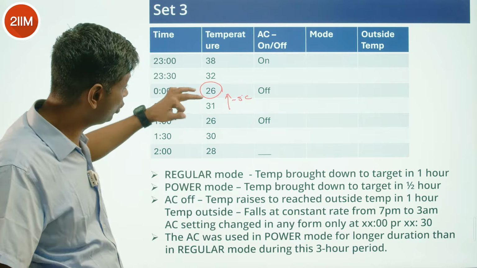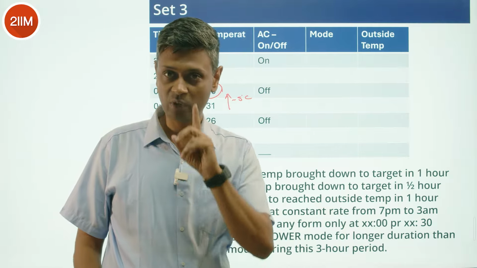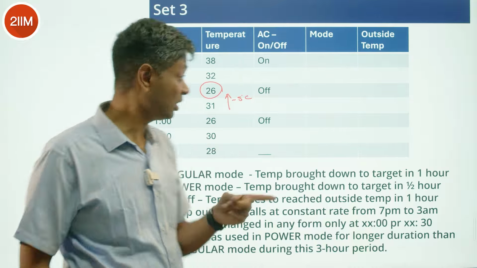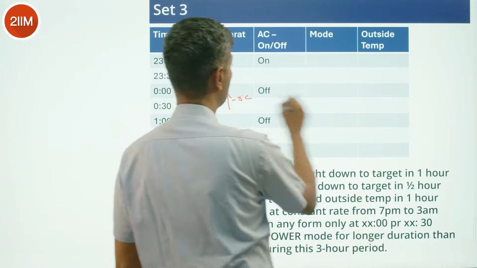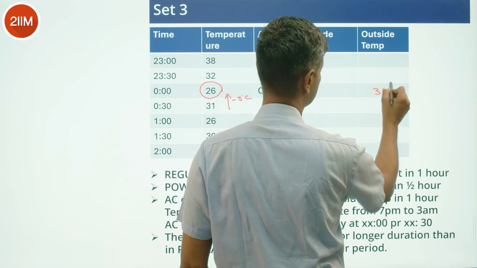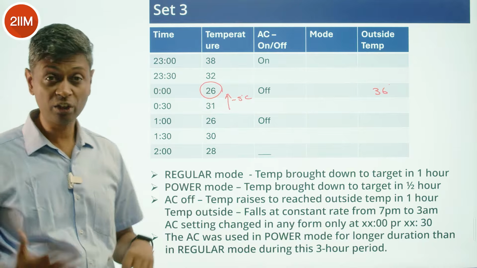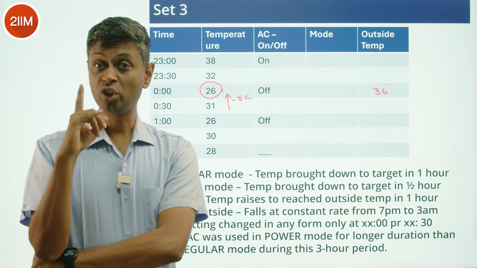If it had continued to be like this, it would have increased by another 5 degrees Celsius in 1 hour, when it would have reached the external temperature at 12 o'clock, or at 12 o'clock the outside temperature is 36. Quite beautiful, because it increases by 5 degrees in half an hour. It would have increased by 10 degrees in 1 hour.